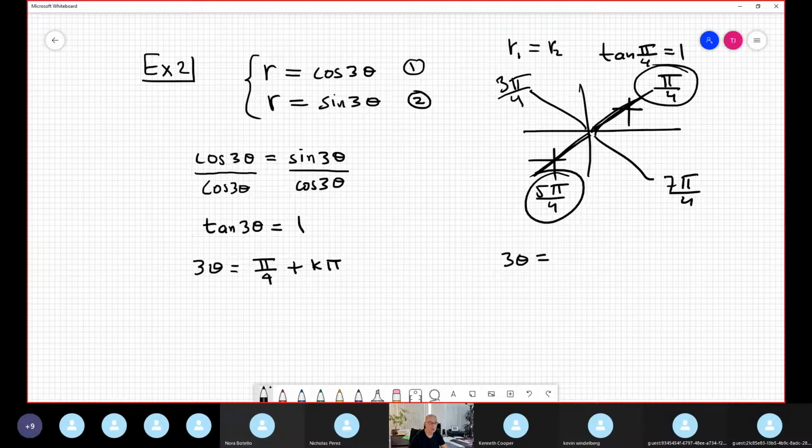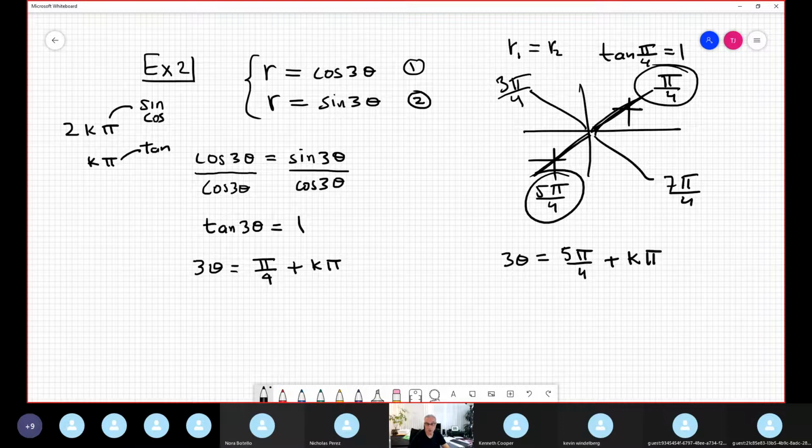Remember, you call 2k pi or k pi. This is valid for sine and cosine, and this is valid for tangent. Because the period of sine and cosine is 2 pi, and the period of tangent is just pi. That is, you should analyze the multiple of pi. So this is 5 pi over 4 plus k pi.